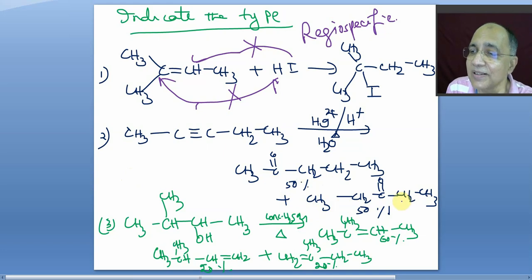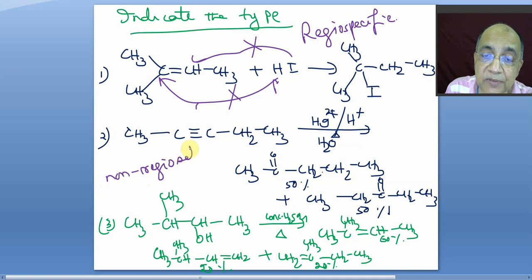Undoubtedly, these are structural isomers, so the stereo word doesn't fit into this, only the regio word. It is non-regioselective because it is 50-50; one should have an edge over the other, a preponderance over the other. That is not happening. So it is regio, nothing to do with stereo, non-regioselective. It's not selective.